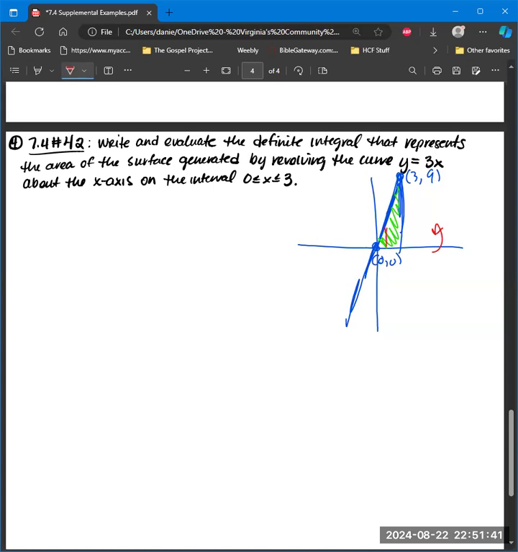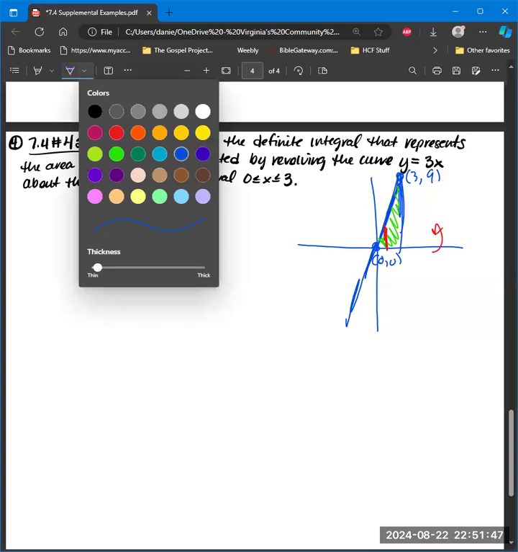Easiest to make a rectangle going this way, and that's perpendicular to the axis of rotation, so that's going to be disk washer.